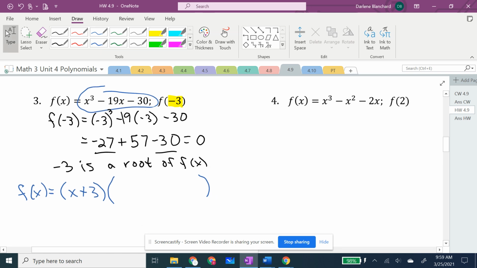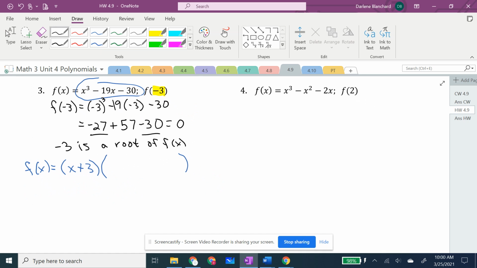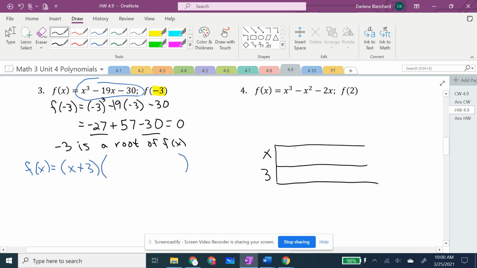So I'm going to set up the boxes. And I'm dividing by x plus 3. I need the interior of the boxes to be this polynomial.